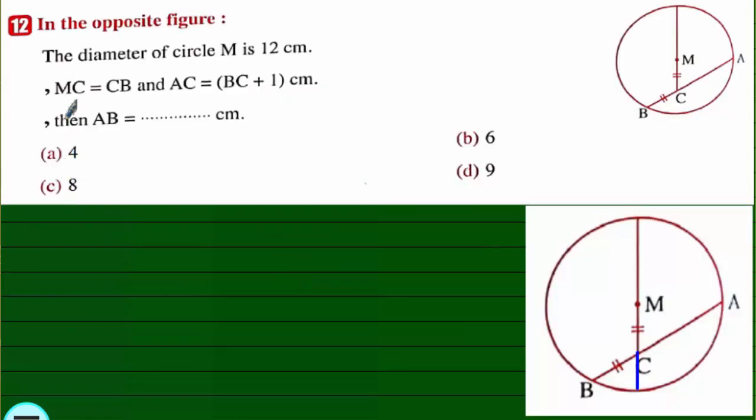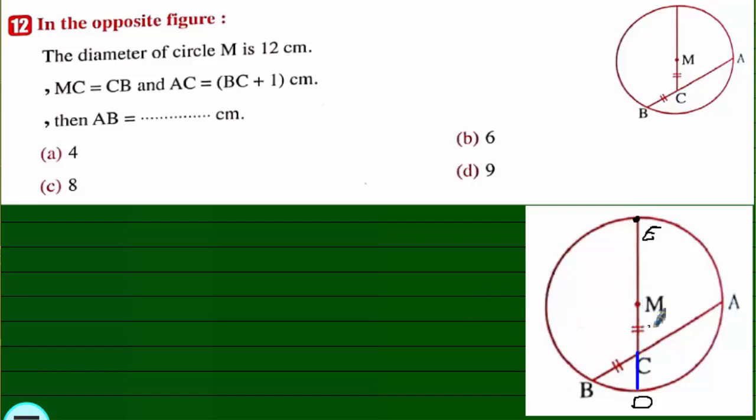Okay. Question number 12. In the opposite figure, the diameter of circle M is 12 centimeters. So we have the diameter, I'll call it ED here. This point is E, and this point is D. And we have ED equals 12 centimeters, and MC equals CB.